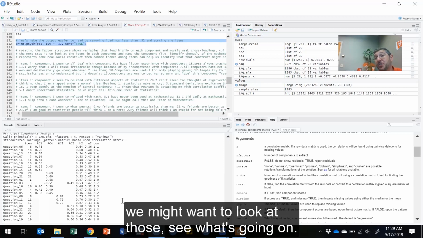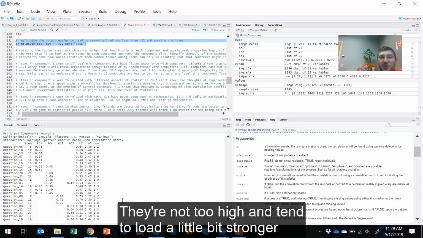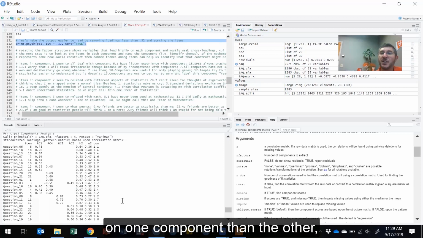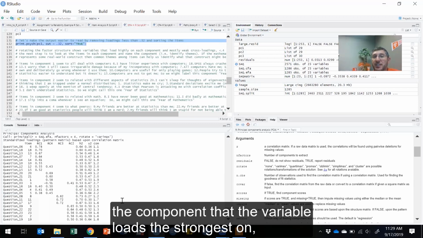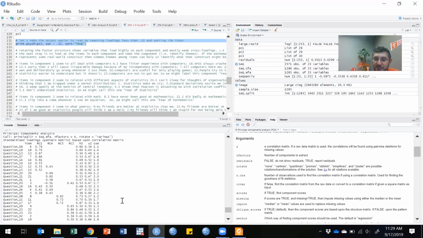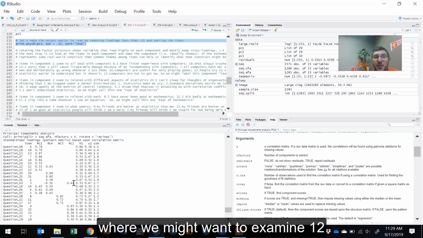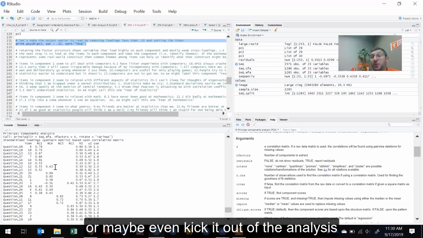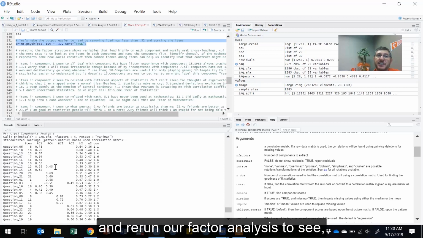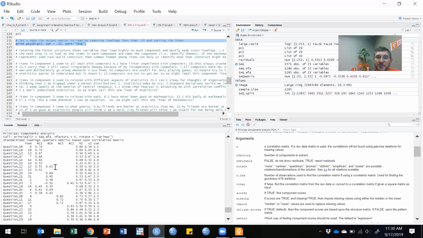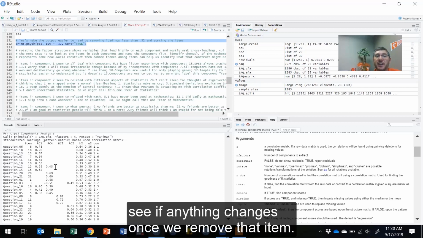We might want to look at those and see what's going on. They're not too high and tend to load a little bit stronger on one component than the other. So for this example, I'm just going to go with the component that the variable loads the strongest on. But this could be a situation where we might want to examine 12 or maybe even kick it out of the analysis and rerun our factor analysis to see if anything changes once we remove that item.